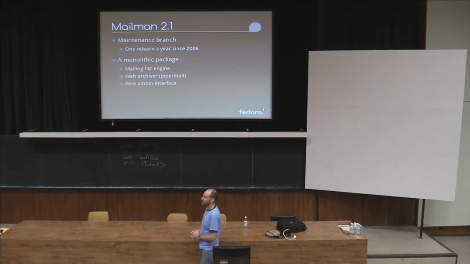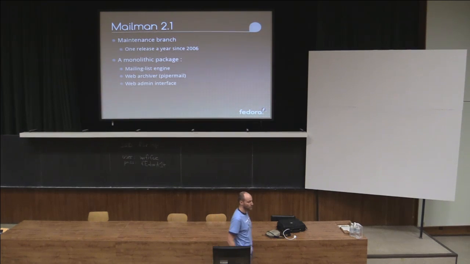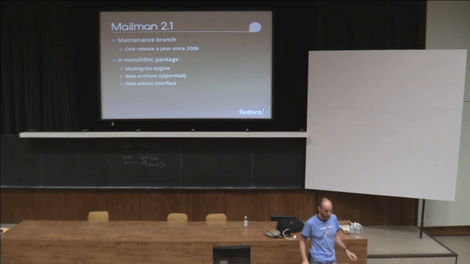You probably all use mailing lists in the Fedora project. You know that Mailman 2 is getting kind of old. It's a maintenance branch that has been updated about once a year since 2006.